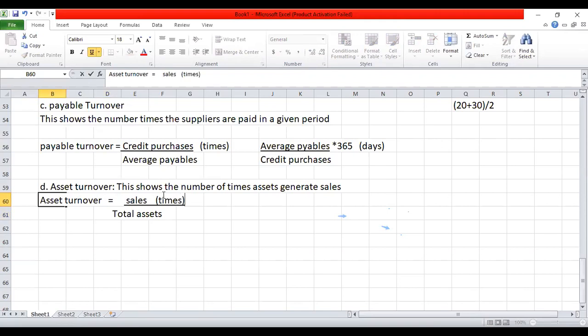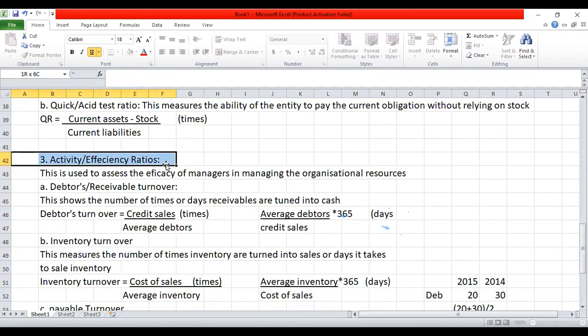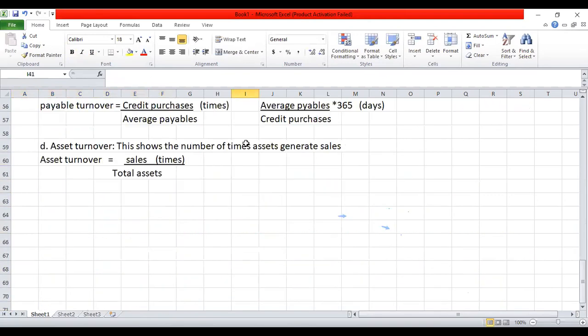So these are what we refer to as activity ratios or efficiency ratios, which is our category number 3. Then category number 4 of the ratios is what we call gearing or leverage ratios.